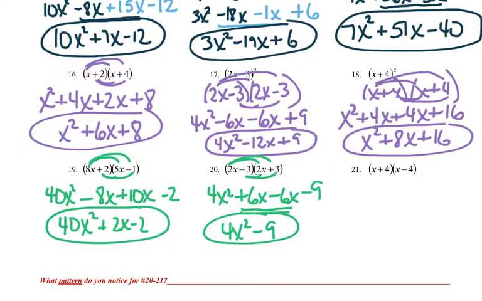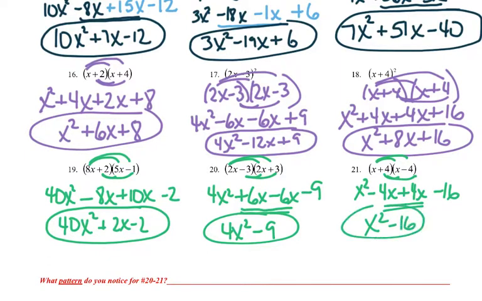Same thing's going to happen in number 21. First, outside, inside, last. Minus 4x is the outer, positive 4x is the inner, minus 16. The inner and outer terms cancel out. So we're just going to observe in numbers 20 and 21, the inner and outer terms cancel out.